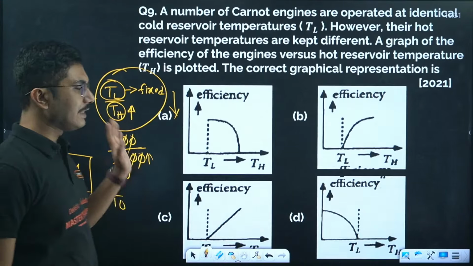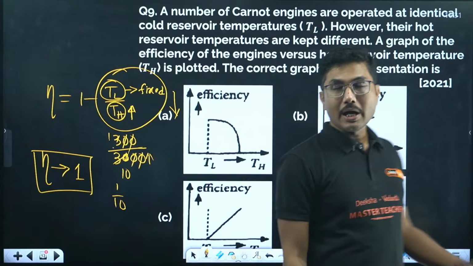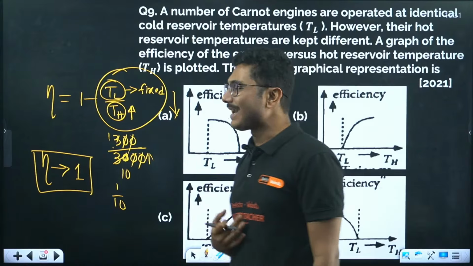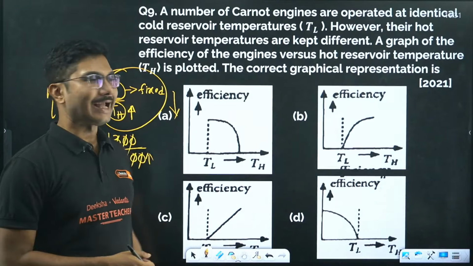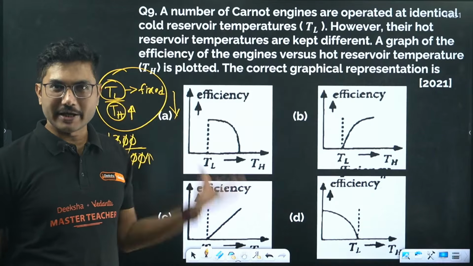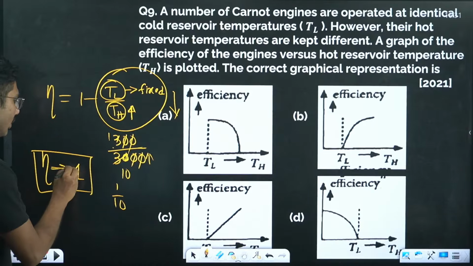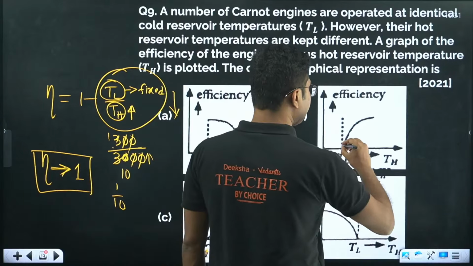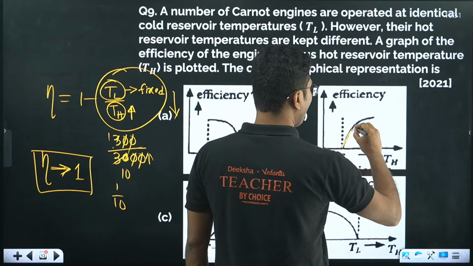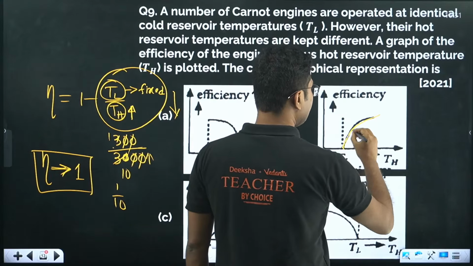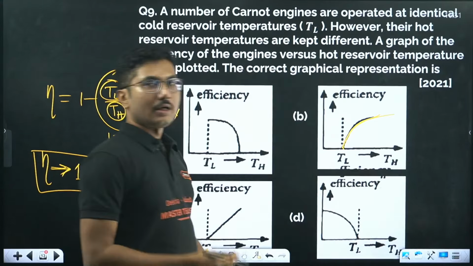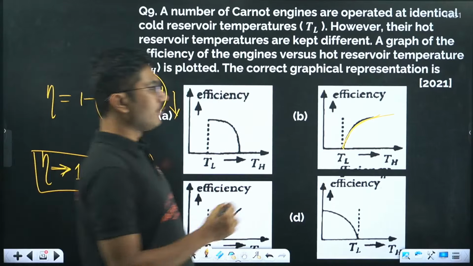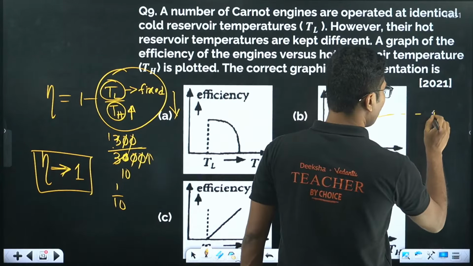Efficiency initially was lower and slowly it is increasing, but it cannot go on increasing infinitely. It will go towards the value of 1 or 100% efficiency. That means the graph will start at a lower value and slowly reach the number 1. So if you plot here, this is actually 1.